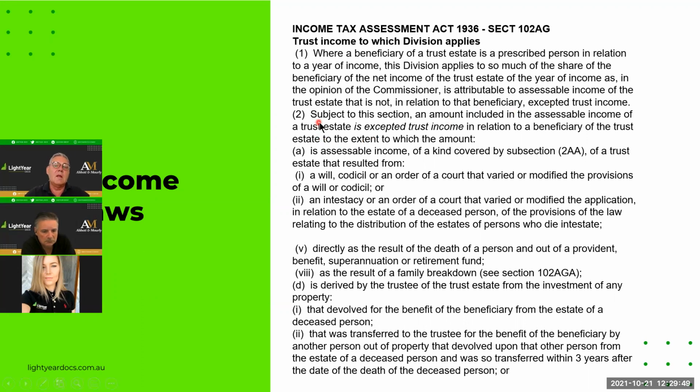But unfortunately, subject to the section, an amount included in the assessable income of a trust estate is accepted trust income in relation to a beneficiary of the trust estate to the extent to which the amount is assessable income of a kind covered by subsection 2AA, if the estate resulted from a will, codicil, or an order of a court that varied or modified the provisions of a will or codicil, or an intestacy, or an order of a court that varied or modified the application in relation to the estate of a deceased person of the provisions of law relating to the distribution of the estates of persons who die intestate.